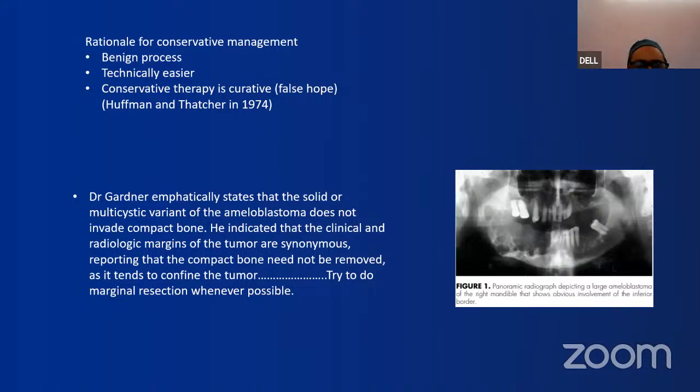The histologic tumor cells may be way beyond the radiologic margins, and he suggested that compact bone need not be removed, as it tends to confine the tumor. But as we know, ameloblastoma often invades the compact bone in the later stages as well.